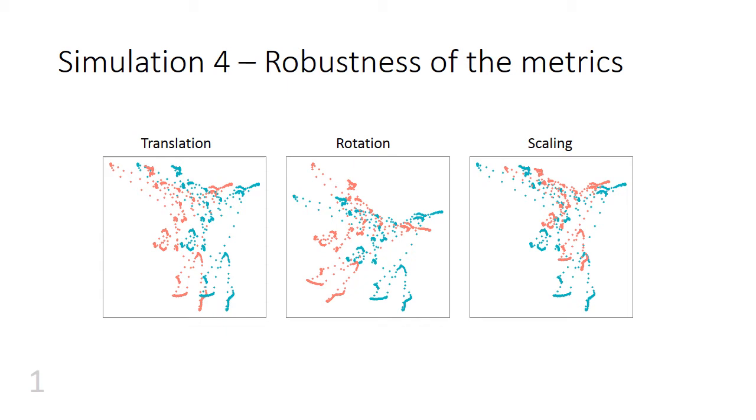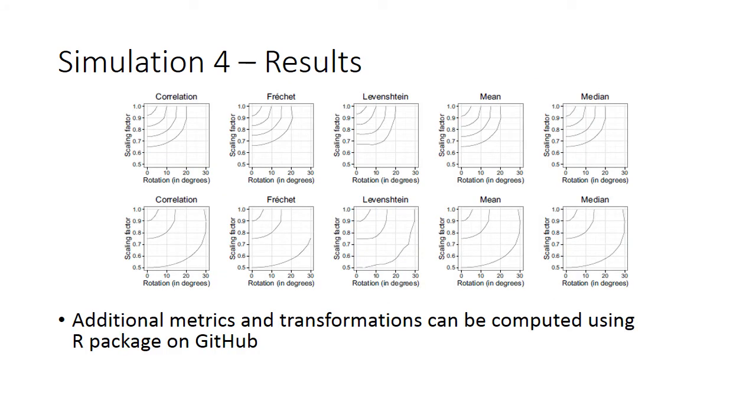I selected 3 transformations: translation, rotation and scaling, and applied 1 or 2 transformations at the same time to each scan pattern. Then I computed the distances between the original scan pattern and the modified one for each of the metrics. Here are the examples for each of the transformations. Distances between scan patterns evaluated by each of the metrics were highly correlated with each other.